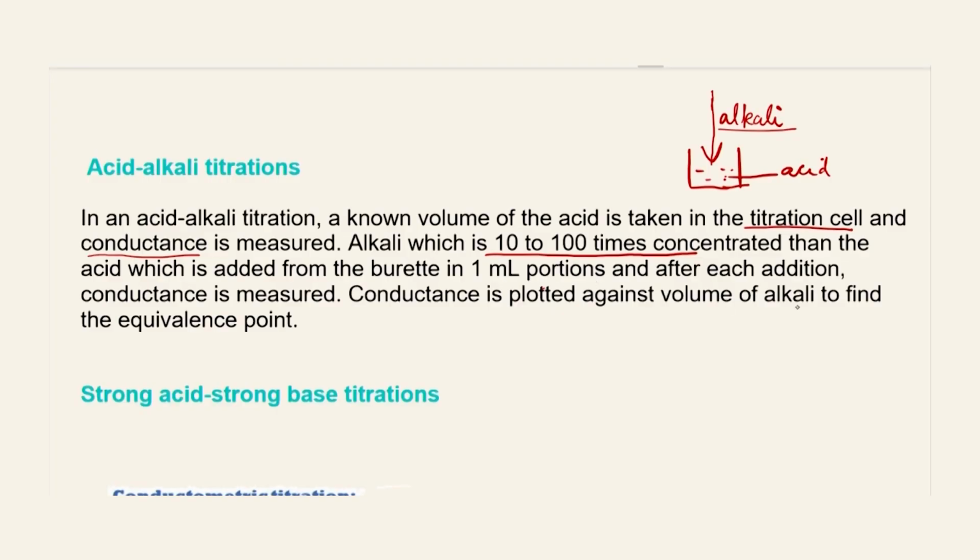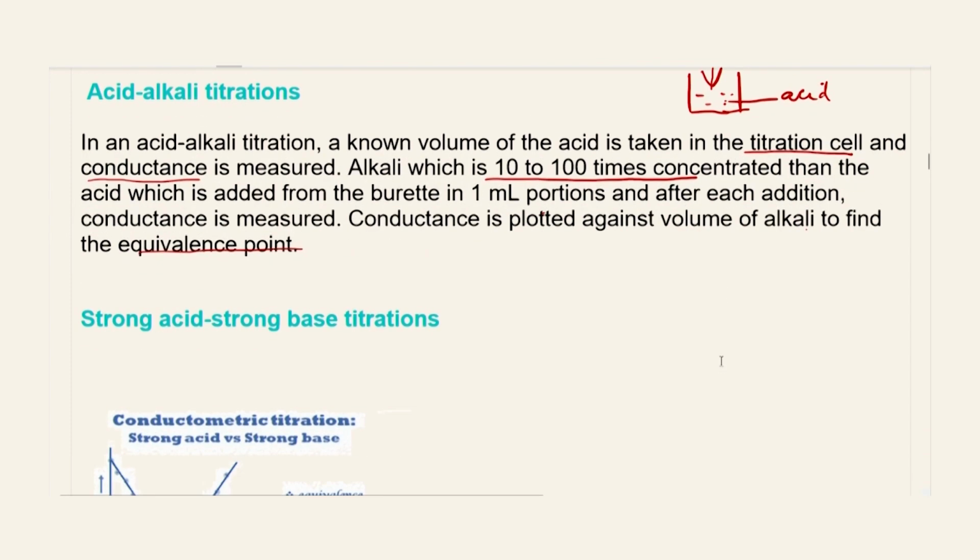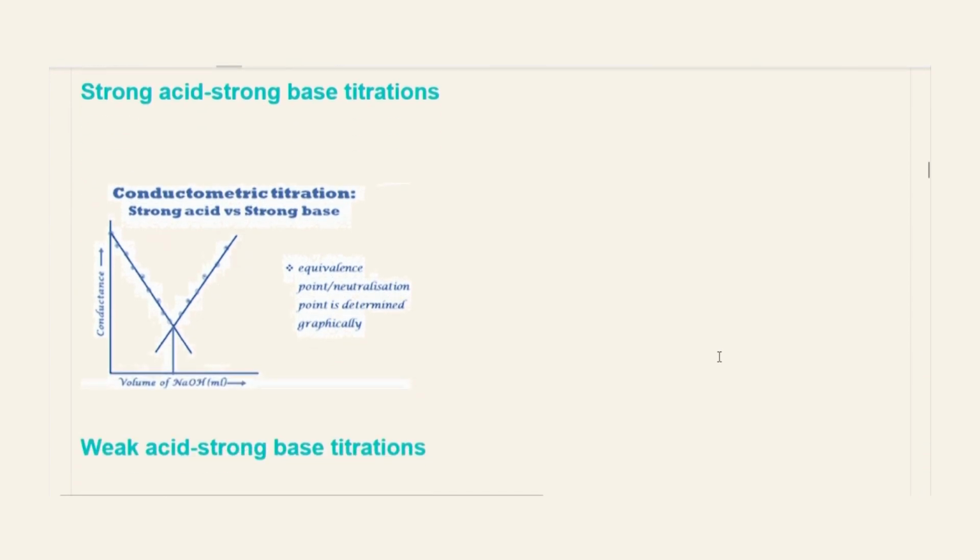Now, it is added in fractions, and conductance is plotted against the volume of alkali to find out the equivalence point. Now, let us see how the titration goes on. So, the first example is a strong acid and a strong base titration. Let us take the strong acid to be HCl and the strong base to be NaOH.